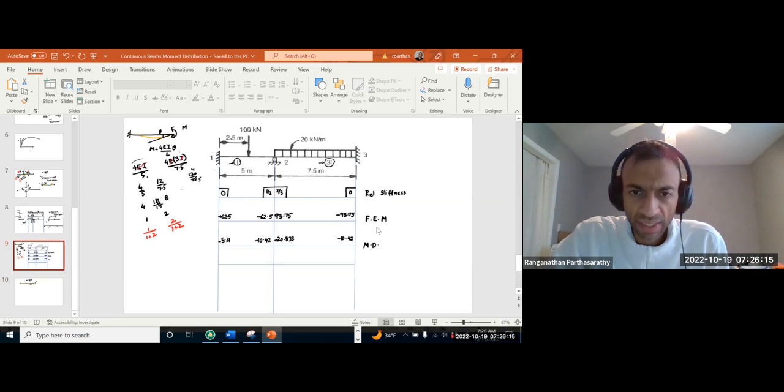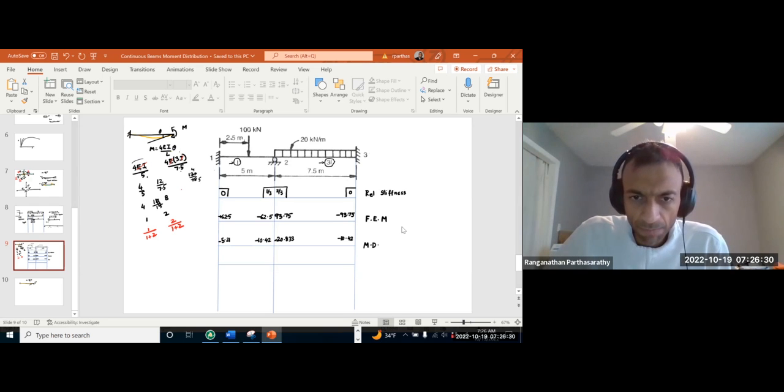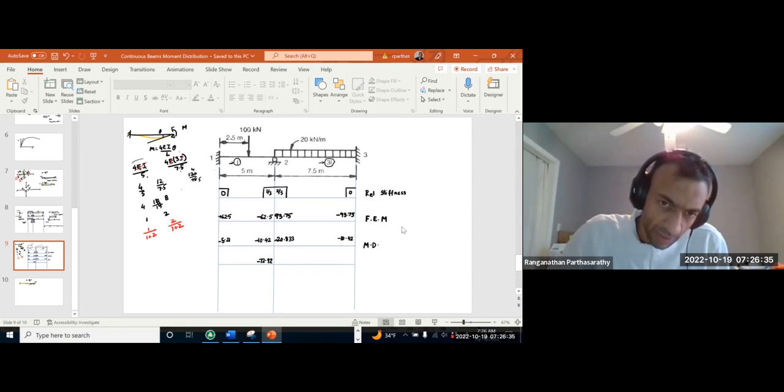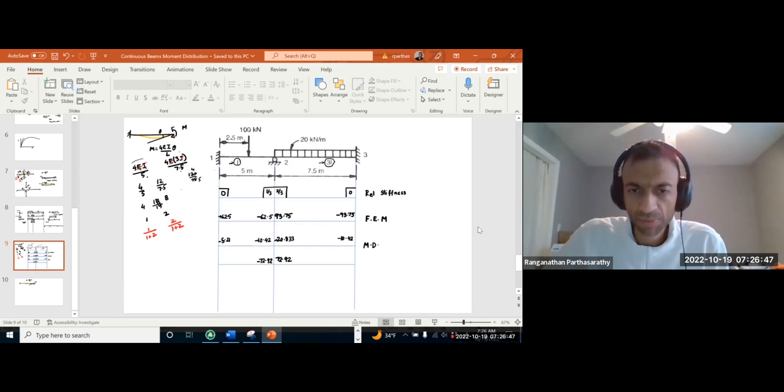On the left side, we have negative 62.5, negative 10.42, that is negative 72.92. And on the right side, we have positive 72.92. So we already got equal and opposite moments at this joint. So we don't have any more imbalance.